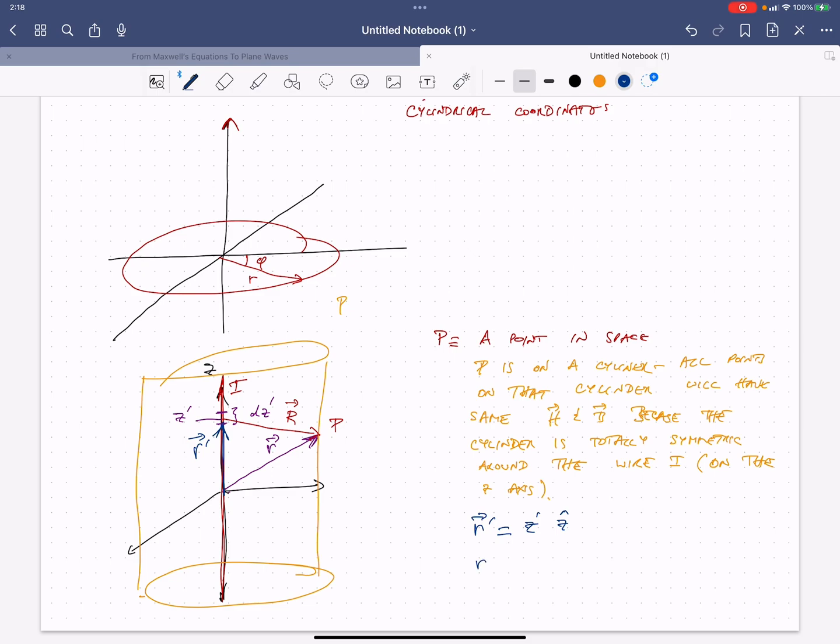And r, because we're in cylindrical coordinates, is equal to a in the direction of r hat, which is basically this guy in the direction of r, plus z hat. So this is the location of P with respect to the origin.